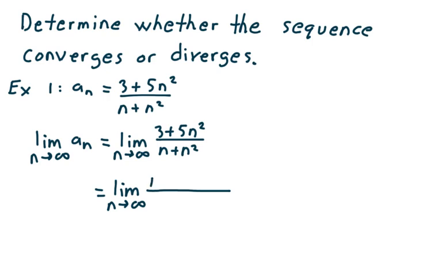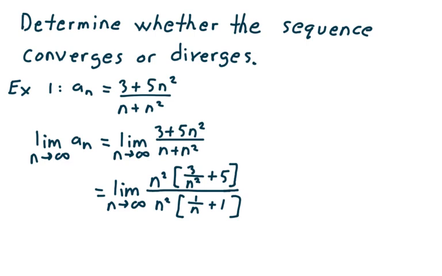And so when I take out an n squared, what I have left is 3 over n squared plus 5, and that's inside those brackets there. And when I take an n squared out of the denominator, I get 1 over n plus 1.